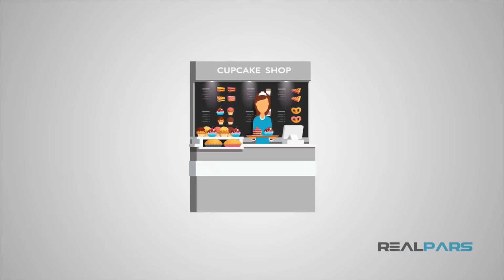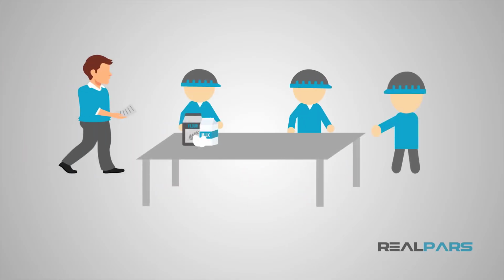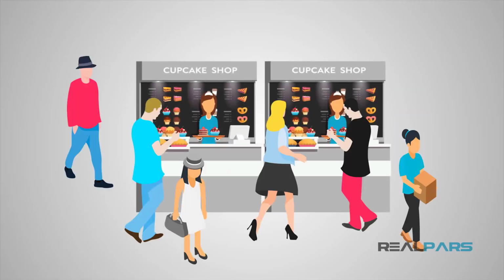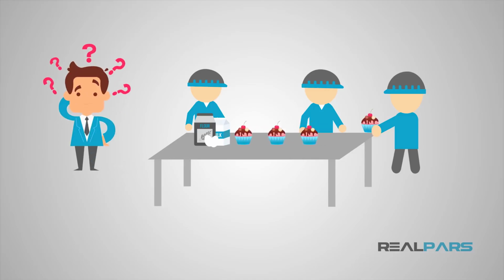Now, at the beginning of your business, when you're on a tight budget and of course have fewer customers, you can hire one or more workers and train them to make the cupcakes based on your recipes. With this limited manual manufacturing process in place, you may be able to make the cupcakes at a reasonable speed and with consistent quality. But as your business grows, trying to make more cupcakes manually with a high consistent quality will be very difficult.